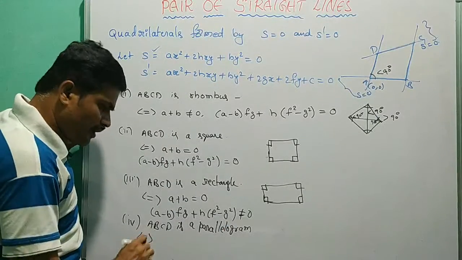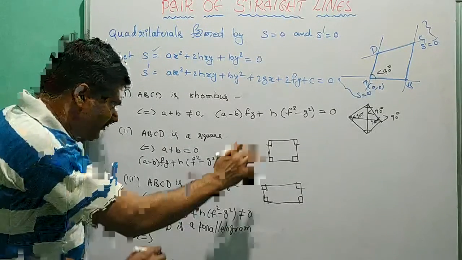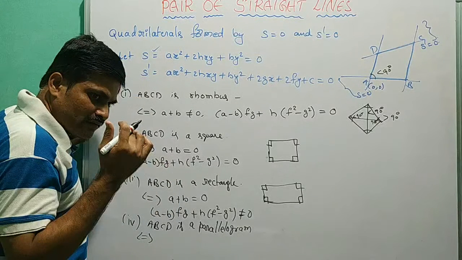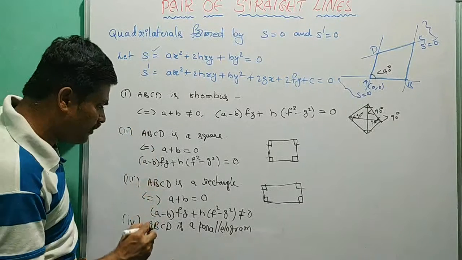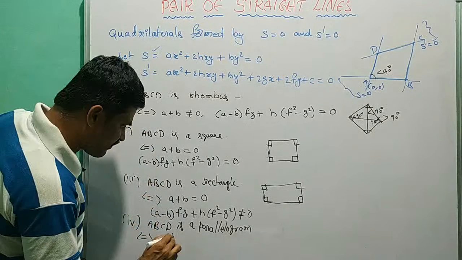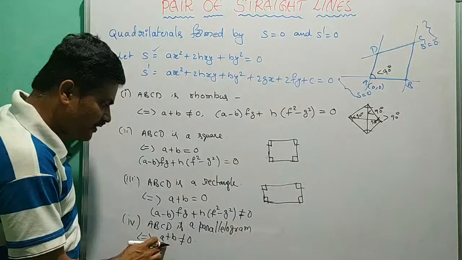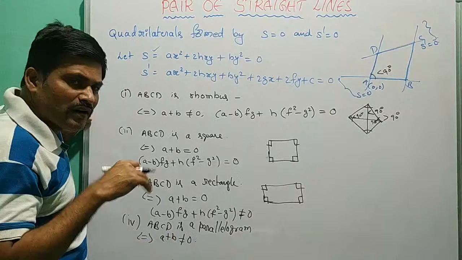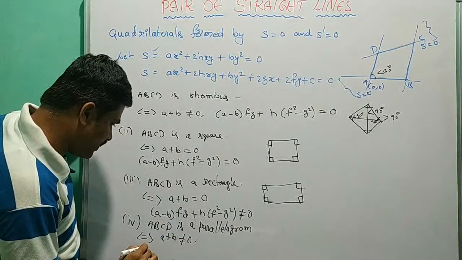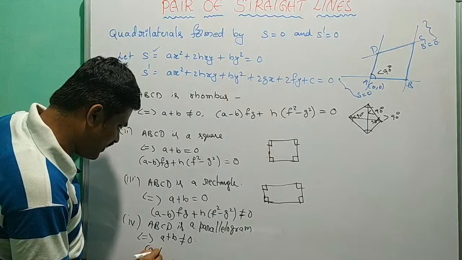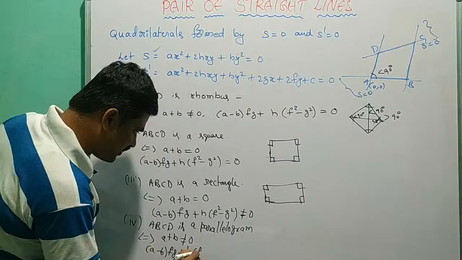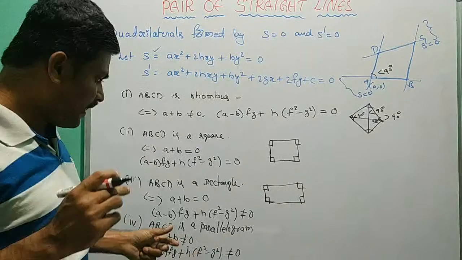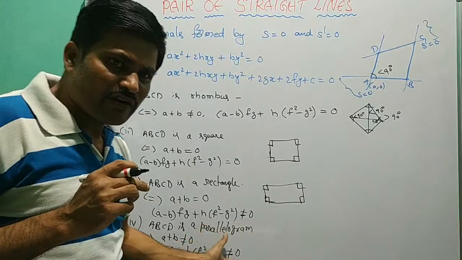In that, first of all, we have to observe that the adjacent sides are less, and that pair does not parallel to each other. The conditions are not equal to 0.